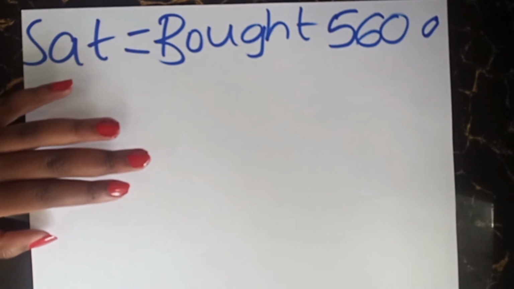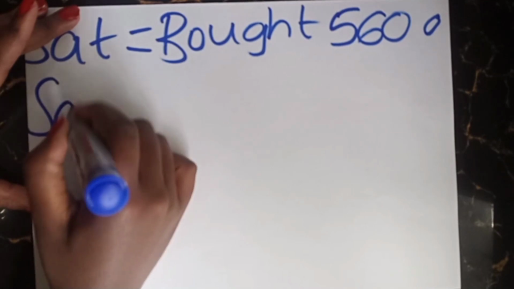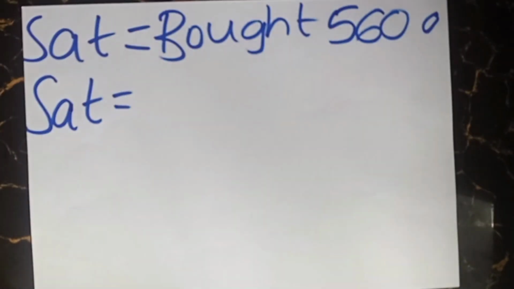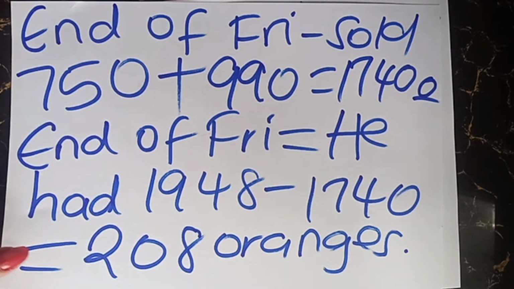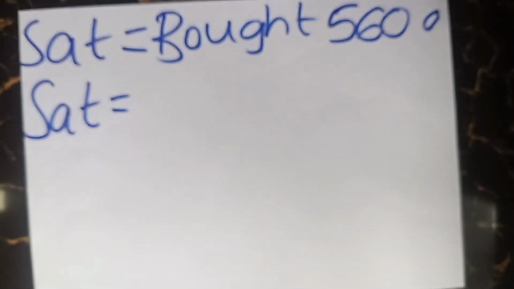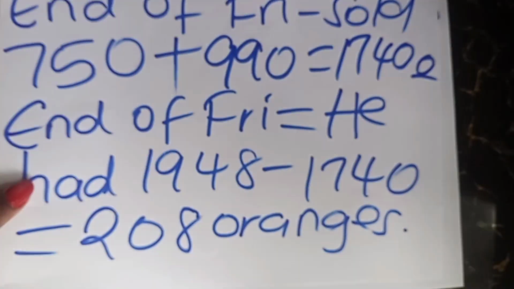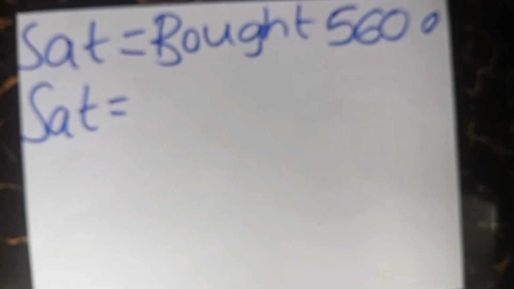So that means that by Saturday he had a total of how many oranges? Remember we said that by the end of Friday he had 208 oranges. So in order for us to know the number of oranges that he had on Saturday, we'll add the number of oranges that he was left with at the end of Friday, plus the number of oranges that he bought on Saturday.